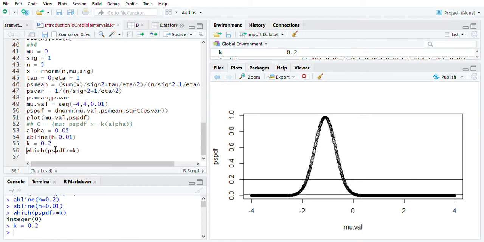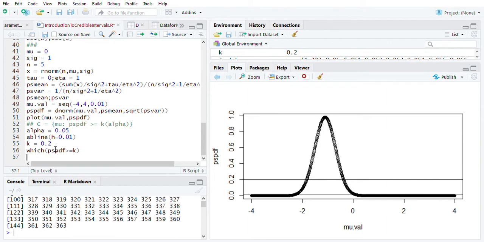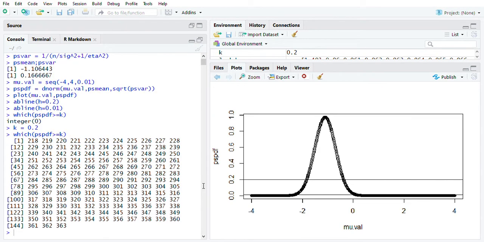Now let us try to find. See what do I get? I get a vector of length 146, and the vector is telling me indices of the vector PS PDF where the corresponding points are larger than or equal to k.